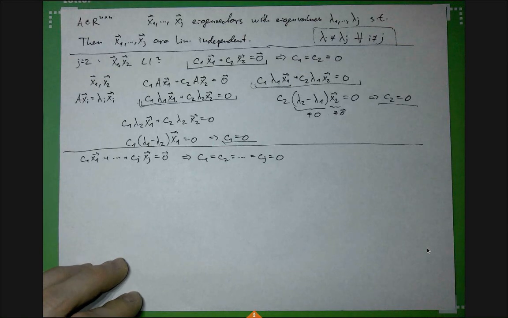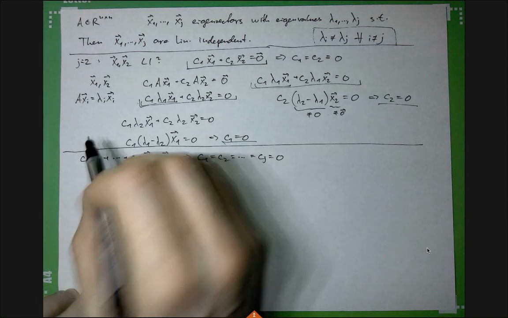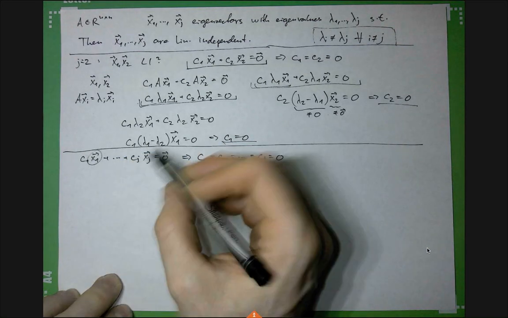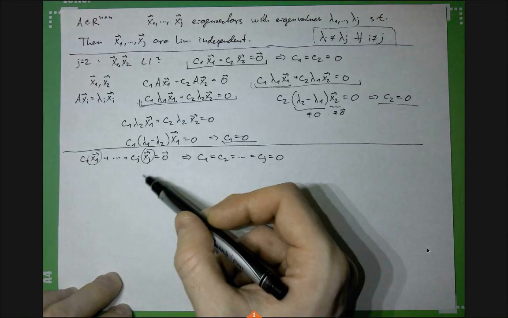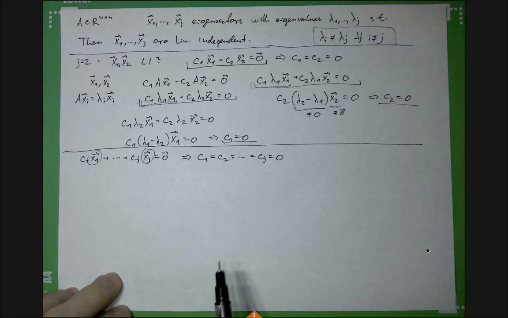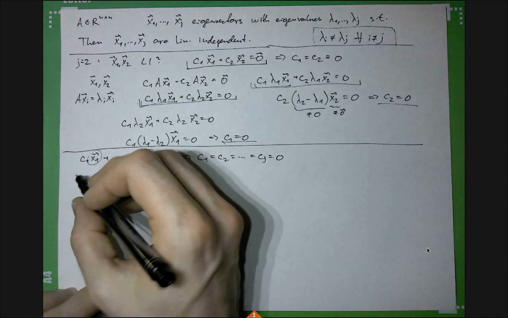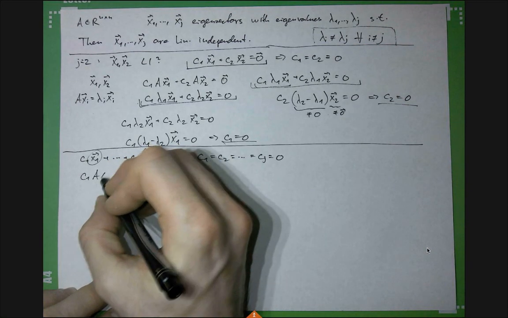And the way I do it is, again, I have these x1 to xj, those are eigenvectors of A with eigenvalues lambda 1 to lambda j, and I assume that they are all different. So the first thing I do, again, I multiply the whole thing with A.